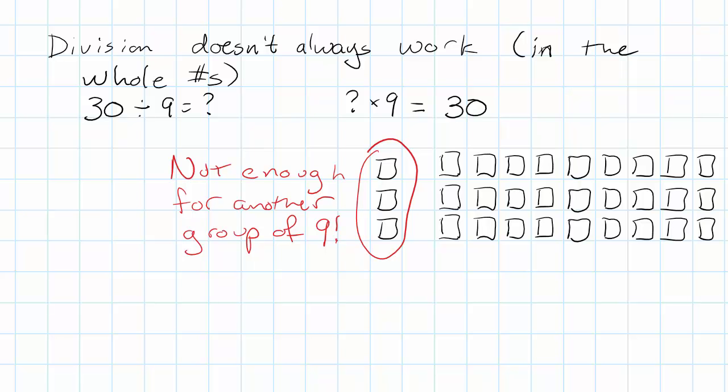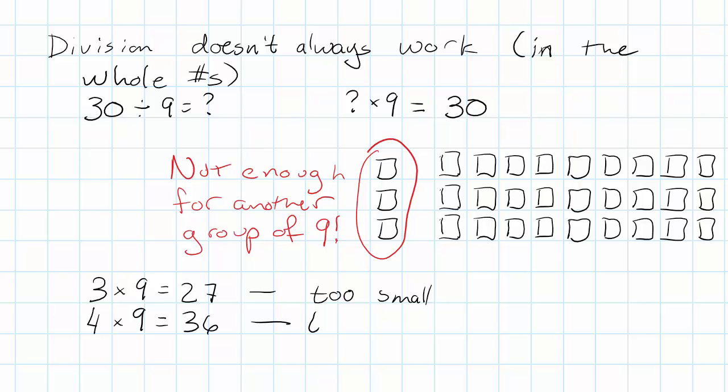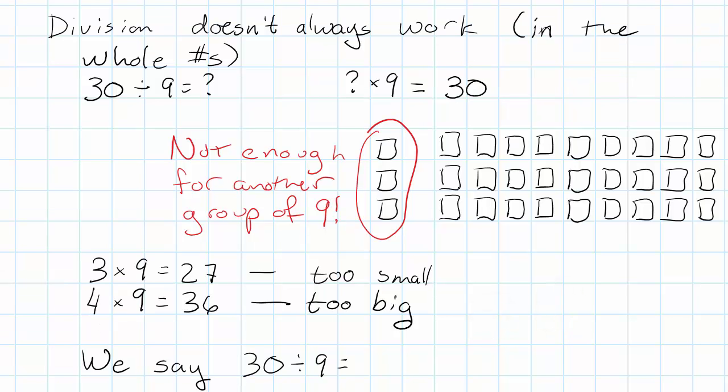The problem is, there isn't any whole number that multiplying by 9 gives me 30. 3 times 9 is 27. That's too small, that's less than 30. But 4 times 9, that's 36. That's too big. There is a way that we can report this. We say we get 3 whole groups and 3 things left over.